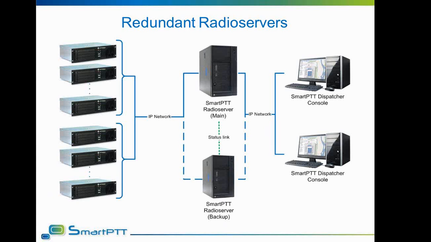All dispatchers and radio networks will be automatically reconnected to the redundant radio server, transparent to the end user. When the master radio server begins answering via the status link, the redundant radio server returns the duty to the master. The level of redundancy can be increased, so there can be a redundant radio server for the redundant radio server and so on.